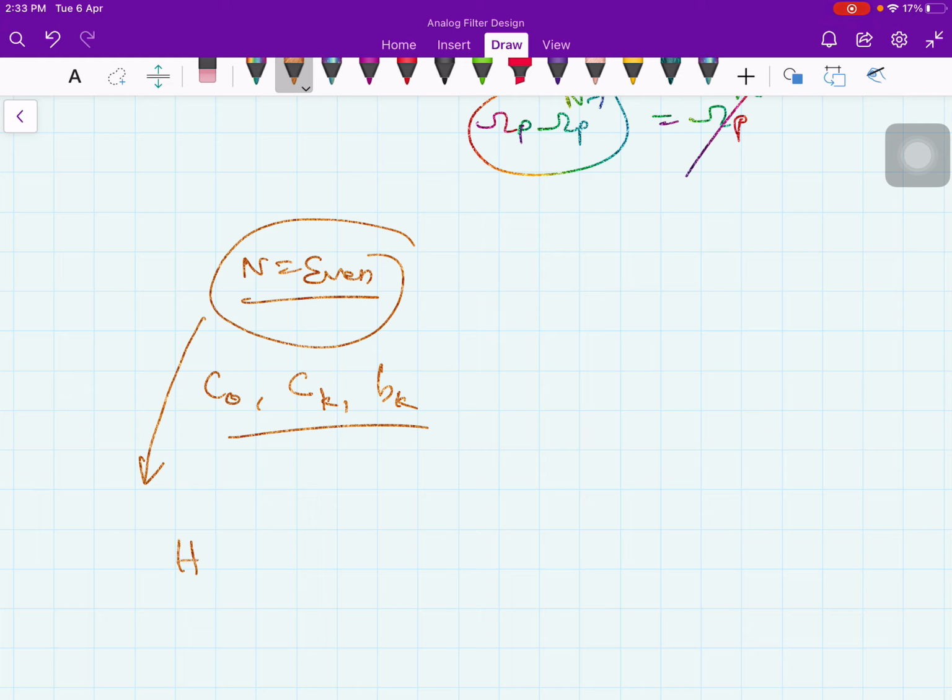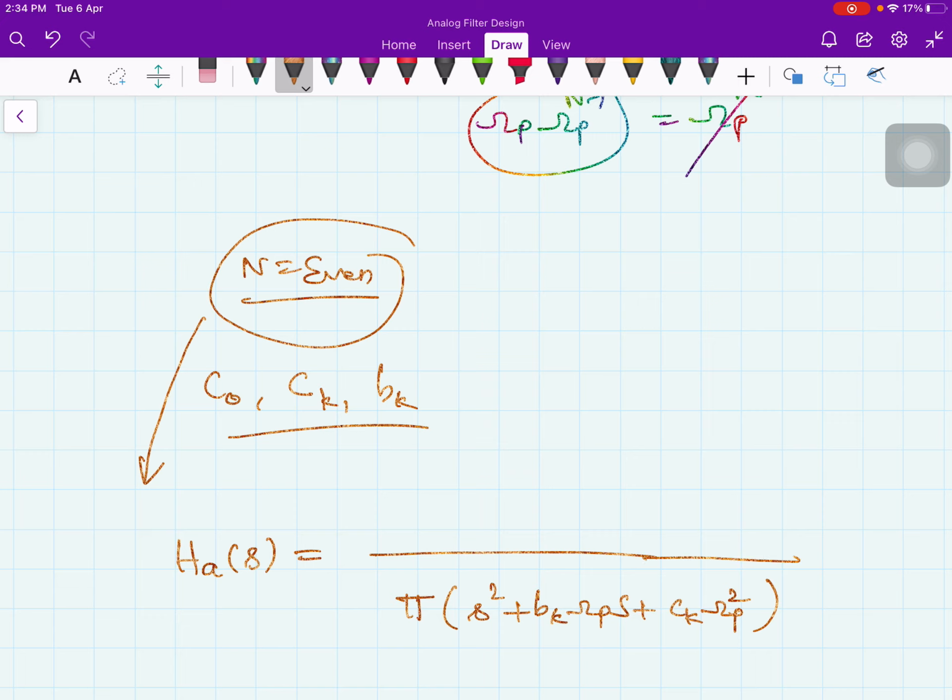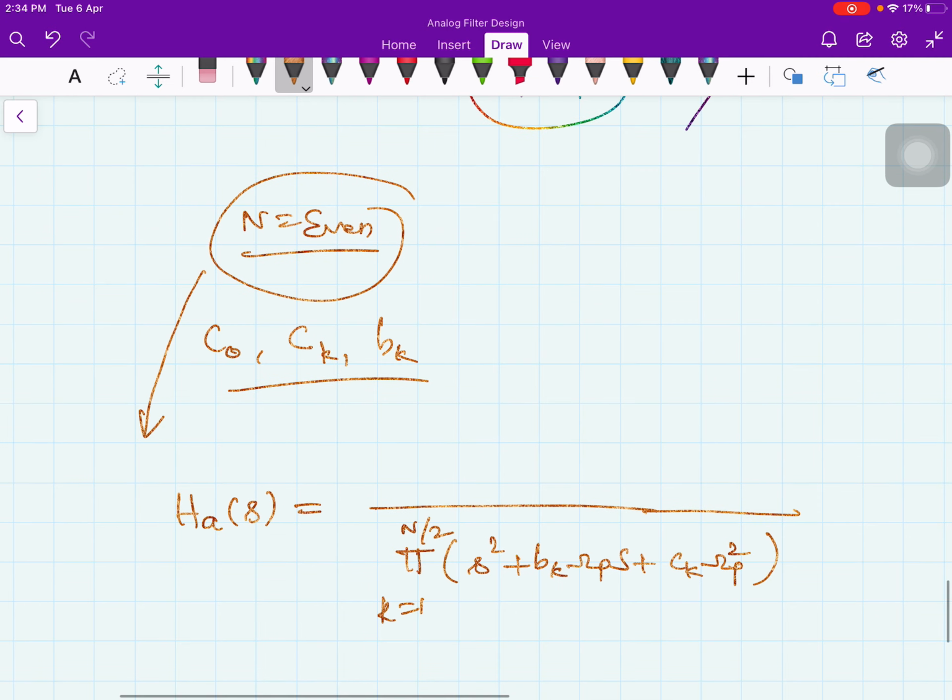Then HA of S is equal to the continued product of S squared plus Bk omega P s plus Ck omega P squared, k equal to 1 to n by 2, and in the numerator we will get omega P to the n, capital N, and continued product Ck, k equal to 1 to n by 2.